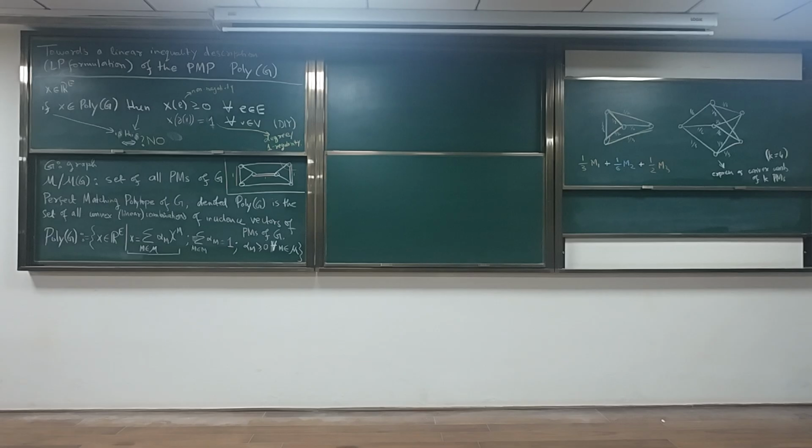One regularity just means that the sum of the labels at each vertex is equal to 1. So the labels need not be integers. The labels could be any numbers. This is not 1.